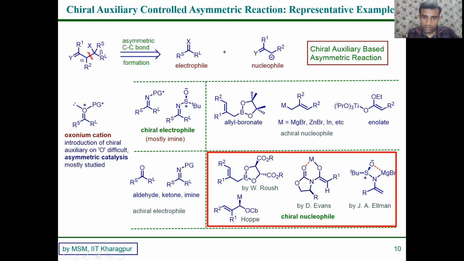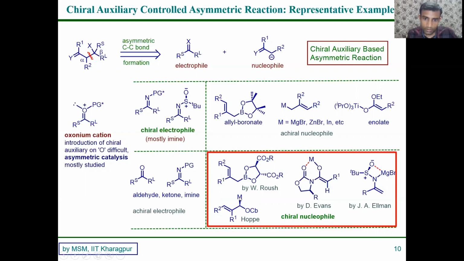imine using chiral nucleophile. So in principle you can make a nucleophile chiral by taking this protecting group as chiral, like this boronate ester or Evans auxiliary or sulfonimine. Actually, there is another way you can make this allylating agent, this nucleophile, chiral: make this carbon a chiral center while keeping this carbon-metal bond.